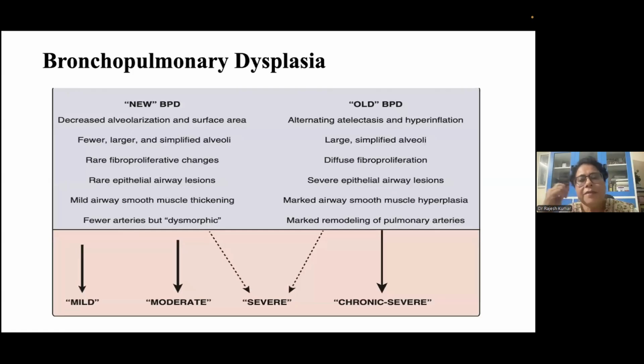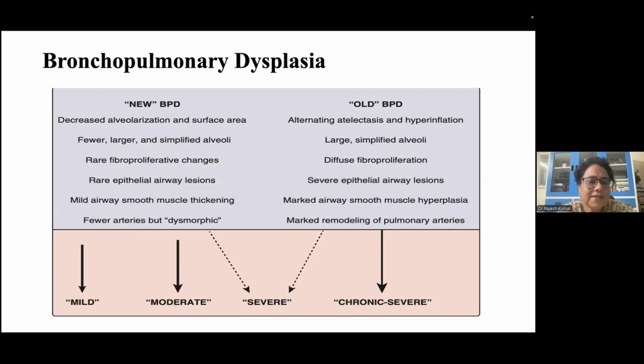Now, we had been talking about acute conditions which we encounter in our NICU which need mechanical ventilation. But bronchopulmonary dysplasia is a chronic condition and a little bit different from what we had seen in other conditions. We might encounter new BPD as well as old BPD in our patients.